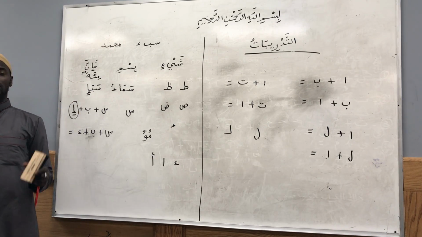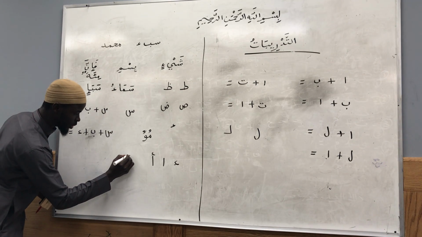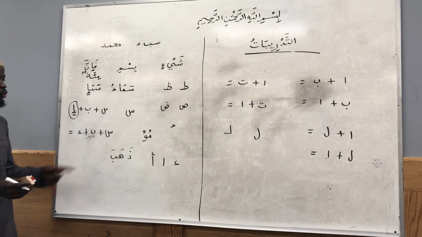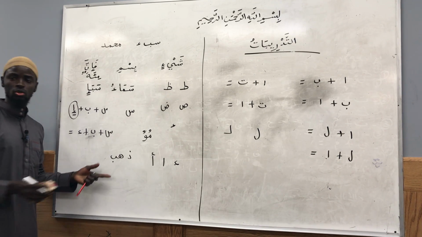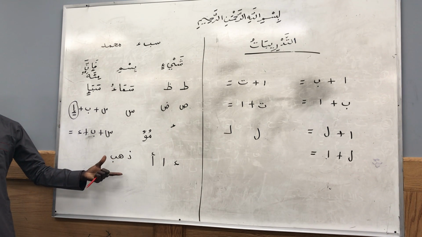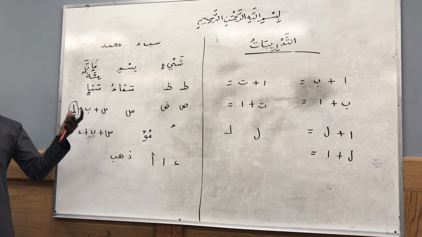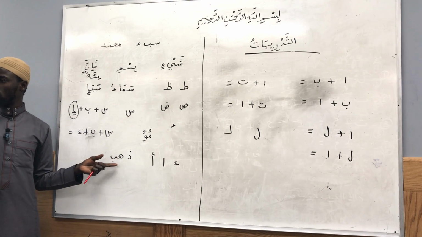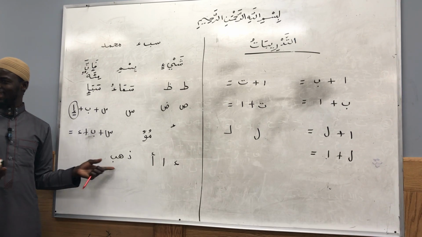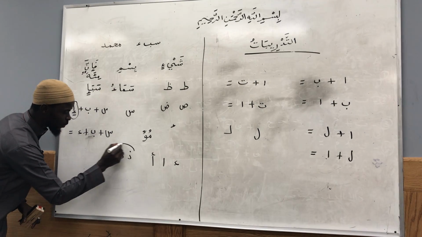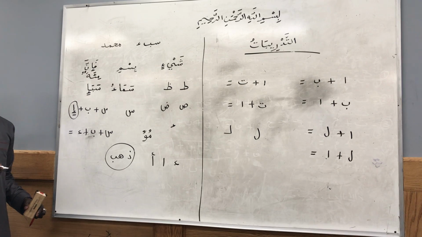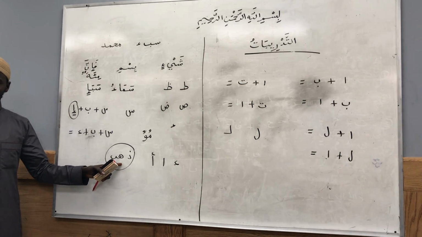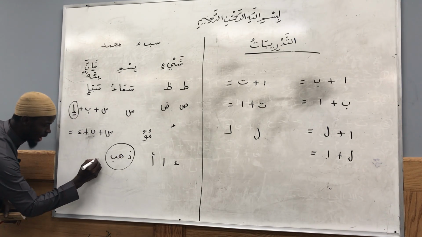You understand? The word Zahaba, going. Zahaba, he went. How can you read this Zahaba without the vowel? You have to know the word Zahaba. That's the first one. The second one, they can change it. But this word Zahaba, without the vowel, they can change it.